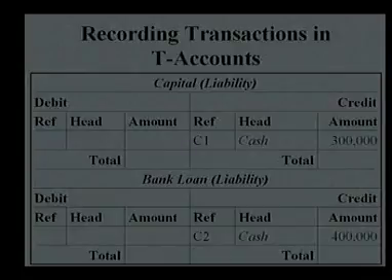But still we will have cash T account, we will have capital T account, bank loan T account, building T account, equipment T account, furniture T account, purchases T account, depreciation T account, accumulated depreciation T account, wages T account, accumulated wages T account. Like this, we will have different T accounts.